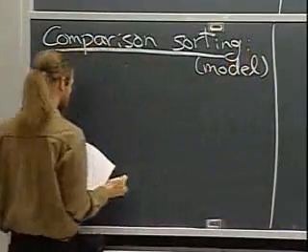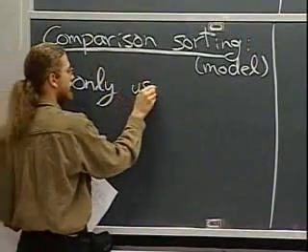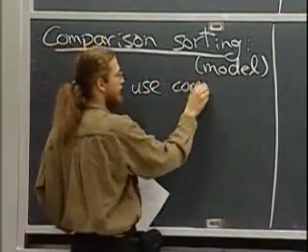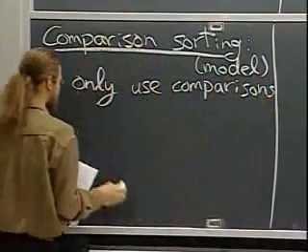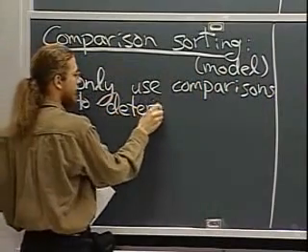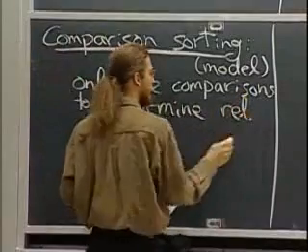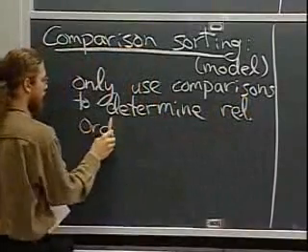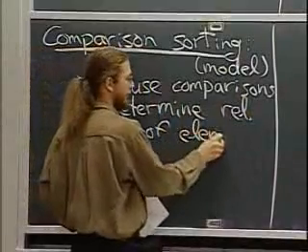So here all you can do is use comparisons, meaning less than, greater than, less than or equal to, greater than or equal to, equals, to determine the relative order of elements. This is a restriction on algorithms.